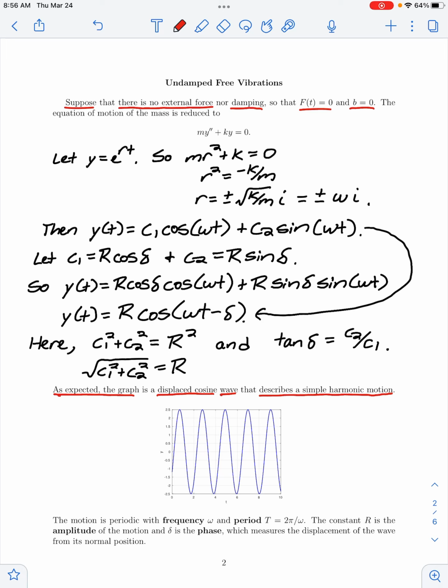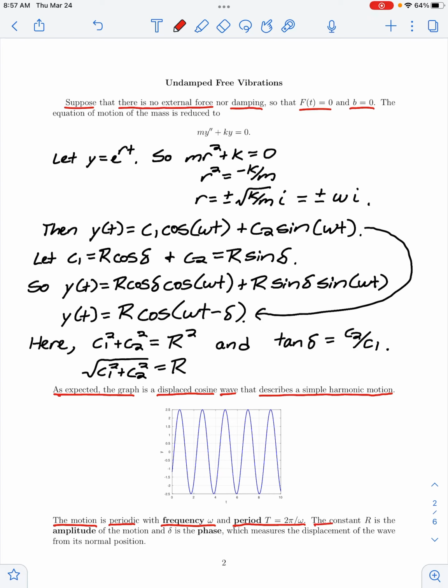And to introduce a little terminology describing this motion, we would say that this motion is periodic with a frequency of omega, and period denoted by capital T, which is 2 pi divided by omega.